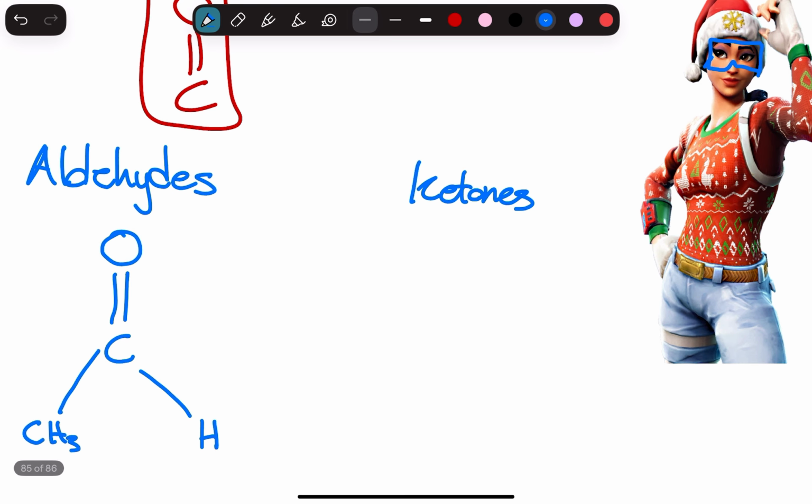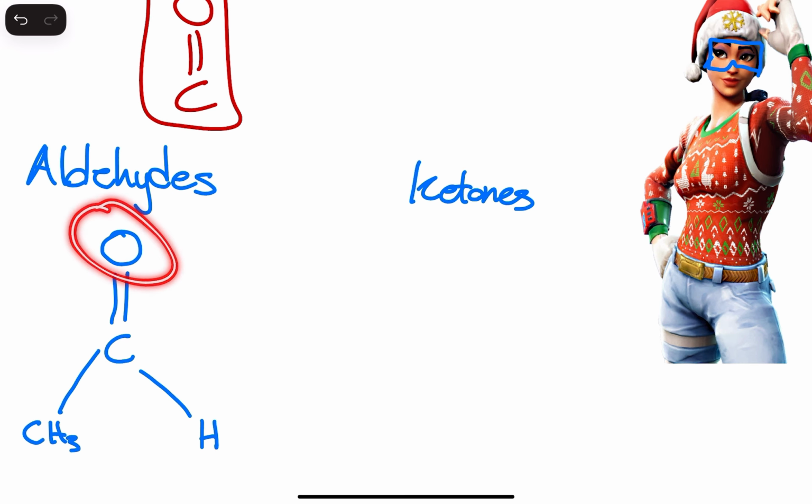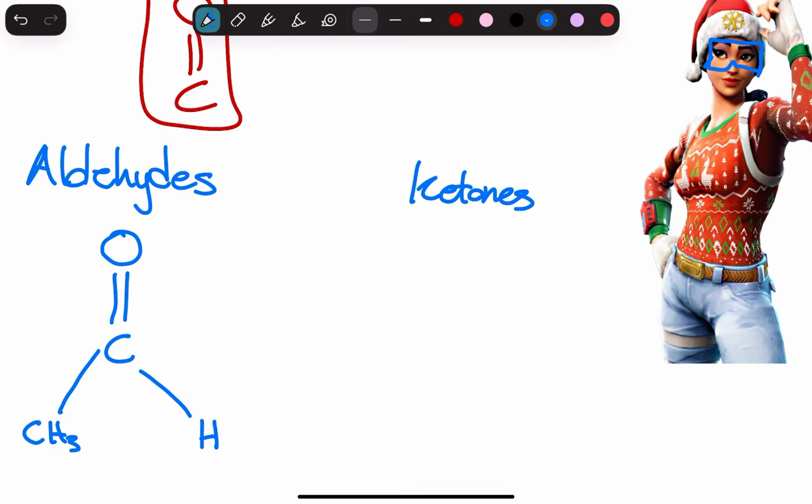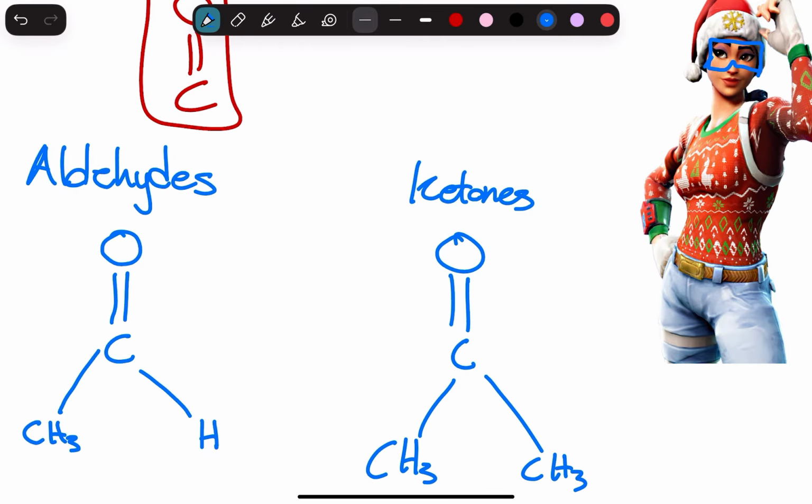So an aldehyde is when we have oxygen double bonded to a carbon, and then we have a carbon group on one side and an H group on the other side. And ketones are going to be when we have our double bonded oxygen with its carbon atom, but on either sides it's going to be a carbon group.